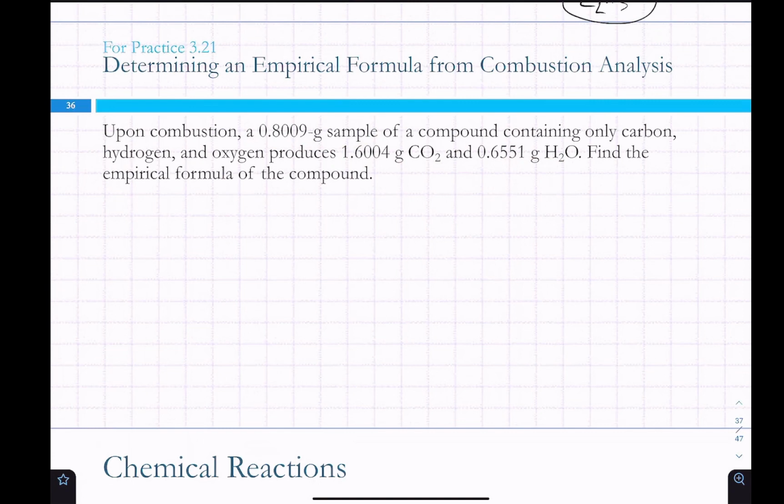So this mass of 0.8009 grams is going to be equal to the grams of carbon plus the grams of hydrogen plus the grams of oxygen. So if you find grams of carbon and grams of hydrogen, you subtract those from your initial mass. Anything left over was oxygen. Does that make sense? Yeah, okay.